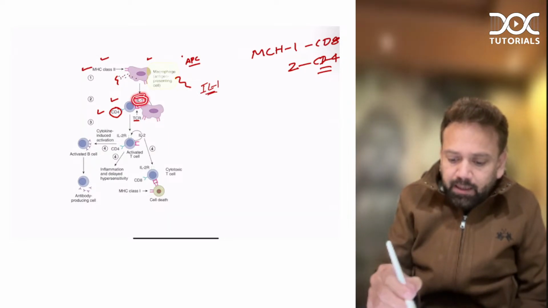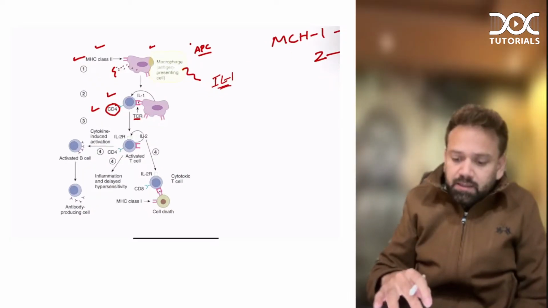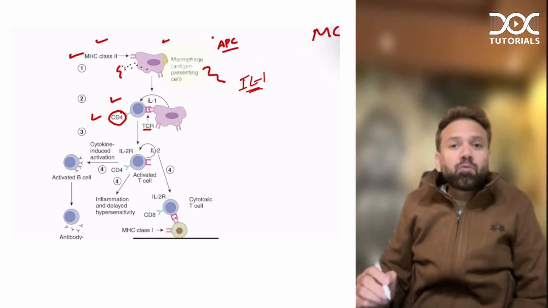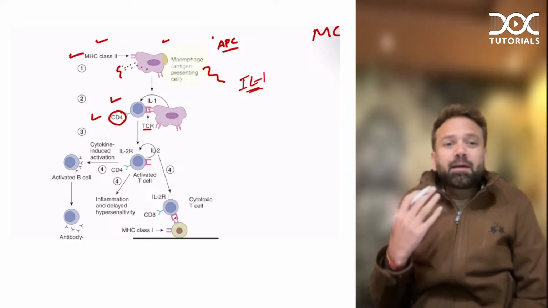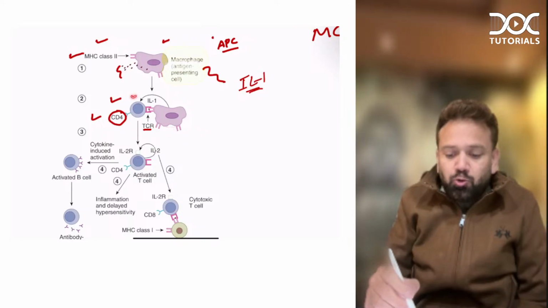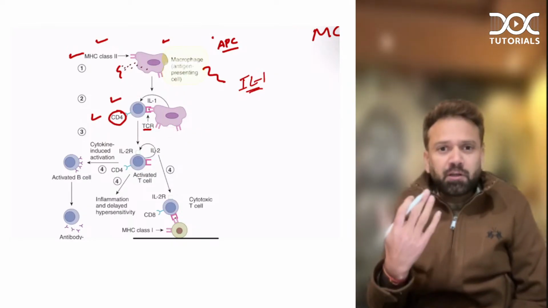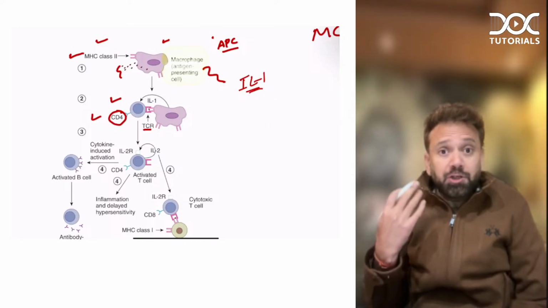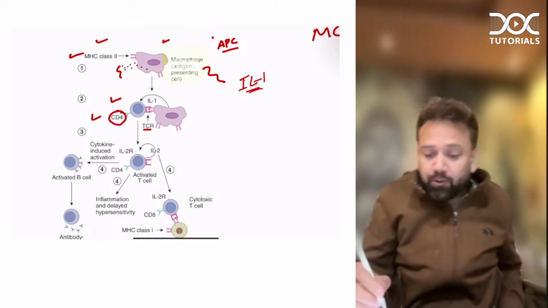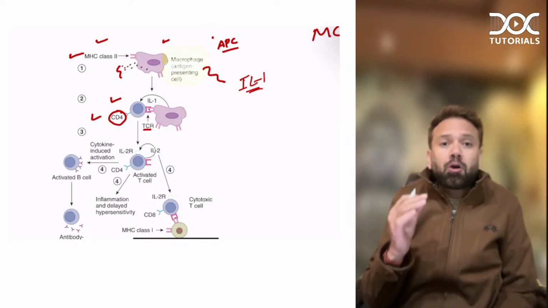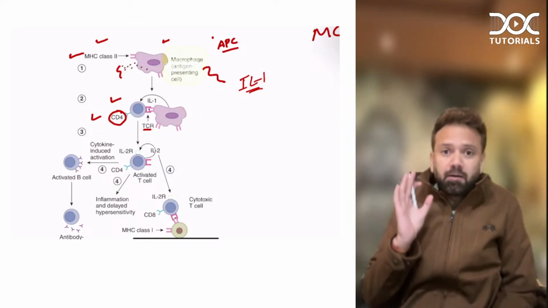This interleukin 1 is the chemical by which your macrophage is talking to the T lymphocyte. They have to talk to each other, no? Only then will they be in a relationship. So this relationship between macrophage and T lymphocyte is built by the chemical called interleukin 1.